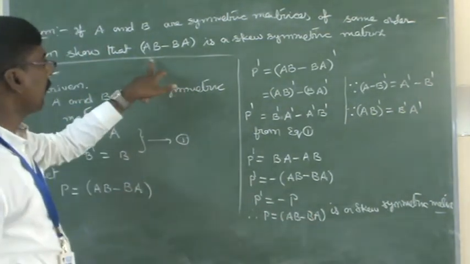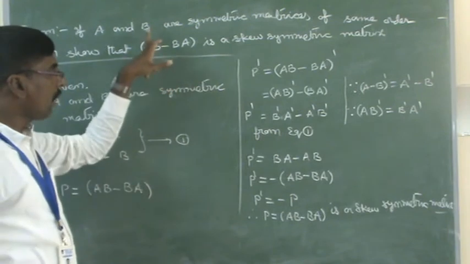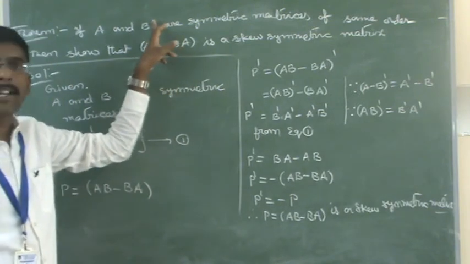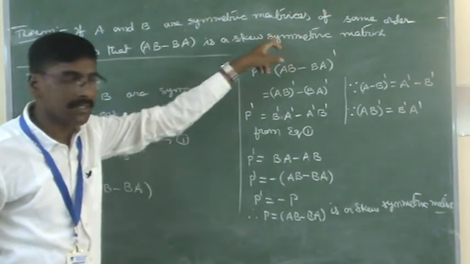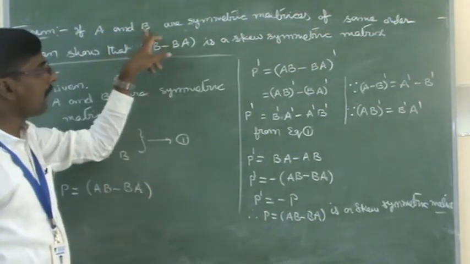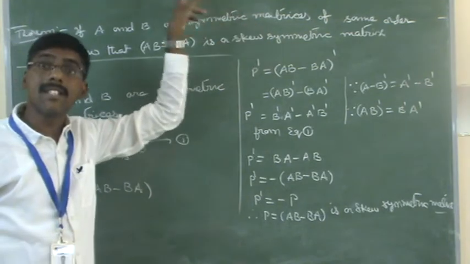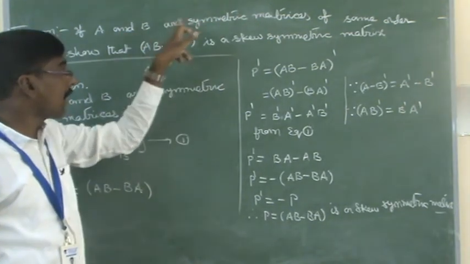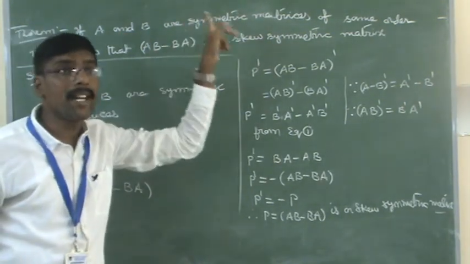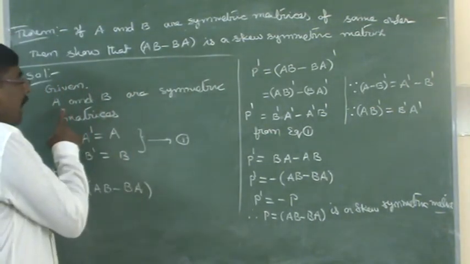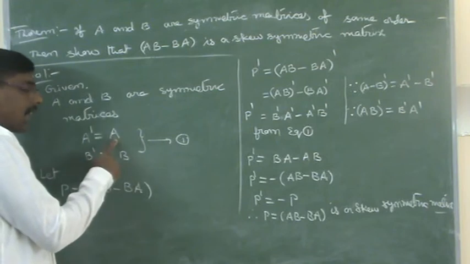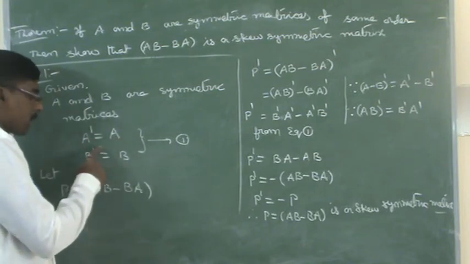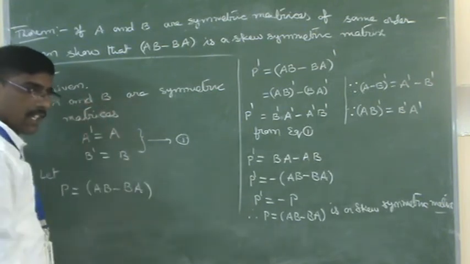Listen very carefully. In this theorem, it is given that A and B are symmetric matrices. This is given. A and B are symmetric matrices means A transpose is equal to A, and B transpose is equal to B. This is one condition.